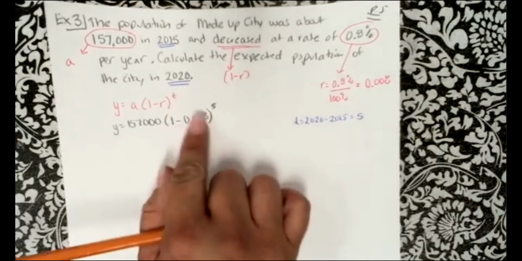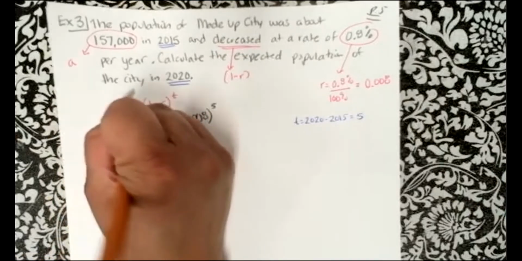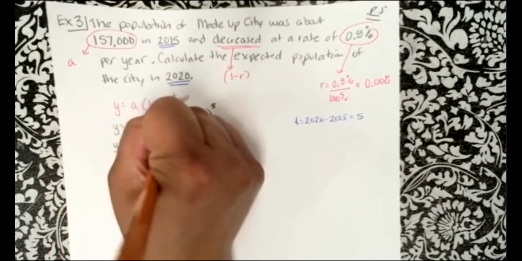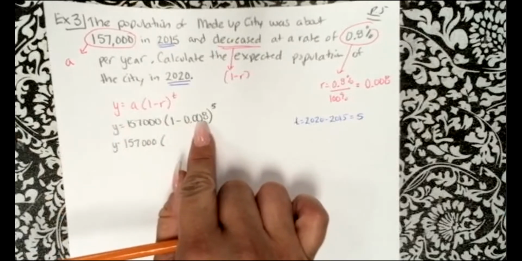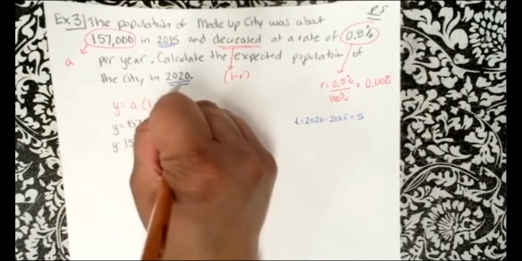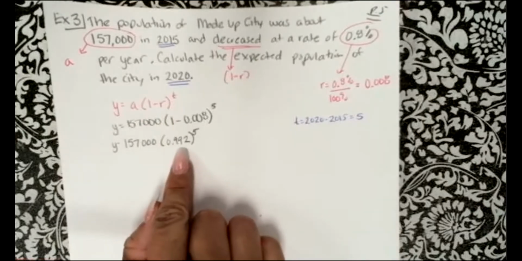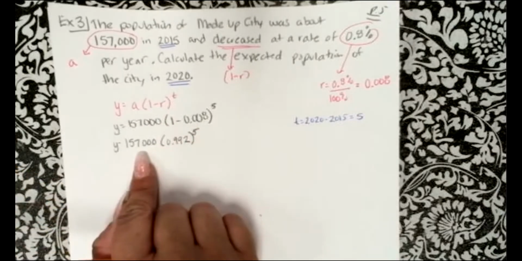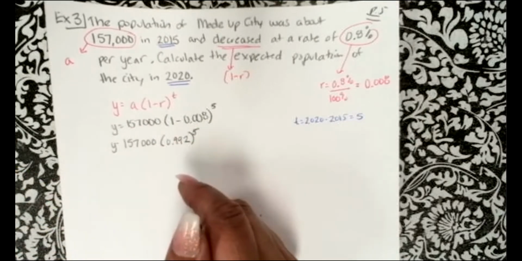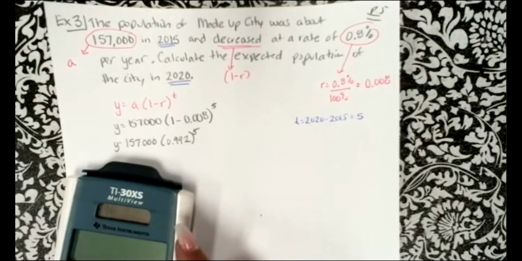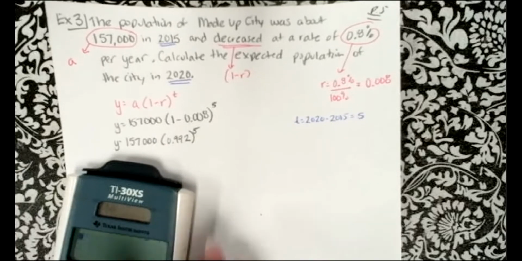Order of operations says do parentheses first. 1 minus 0.008 is going to be 0.992. Next, you have to do exponents and then multiply. So let's go ahead and do that. My scientific calculator automatically does order of operations.